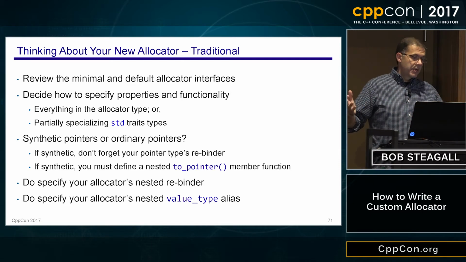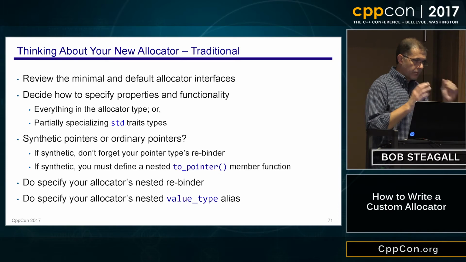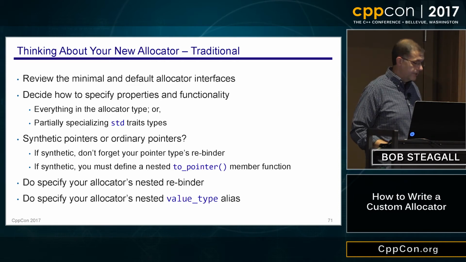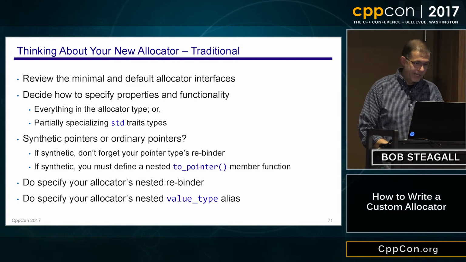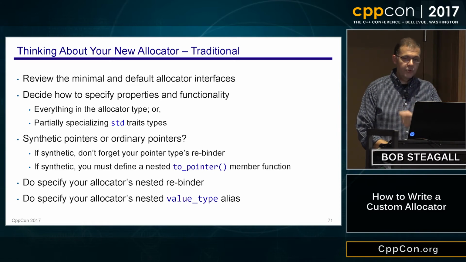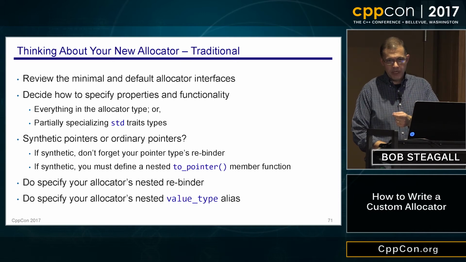You need to decide, as I mentioned before, synthetic pointers or ordinary pointers. Do I need a self-contained heap or shared memory, in which case you're going to want to write a synthetic pointer, or can I get by with ordinary pointers because I don't care about that? If they're synthetic, don't forget to write a rebinder in your pointer type. If they're synthetic, you have to define that to-pointer member function, and you have to think very hard about the implementation of that function.